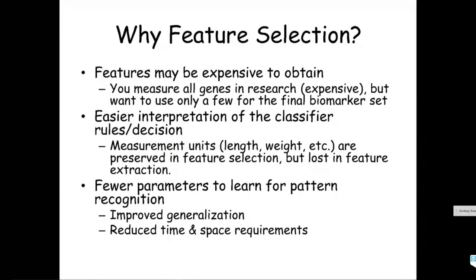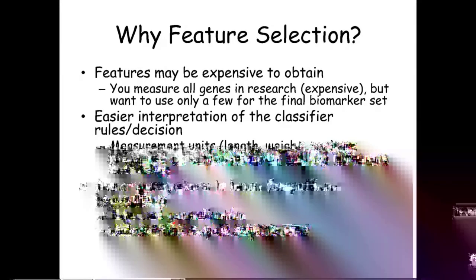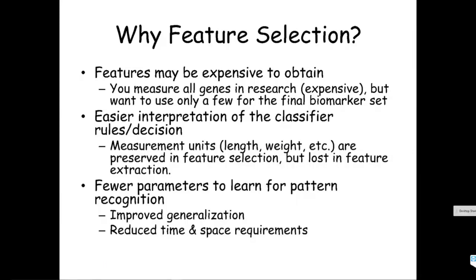All right. The reasons we select features are several. One of them is that the features may not be easily obtainable. If you are working in a medical field, you don't want to do every possible test on a patient. You only want to do the ones that are relevant, right? Or when you go to the doctor, they measure everything anyway. But if you are, say, studying a disease and you measure on a microarray all the genes that are expressed in humans, at the end of your study, you would want to come up with a handful that can act as a biomarker.